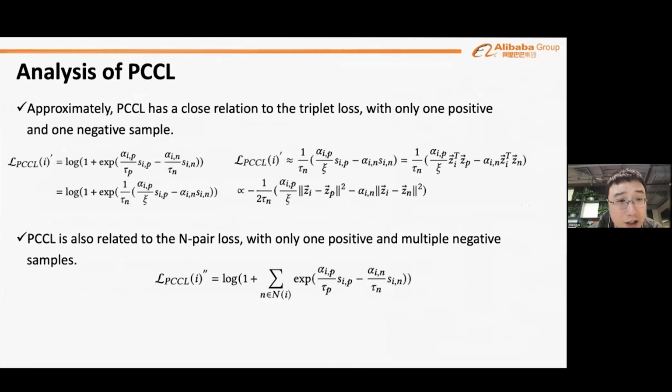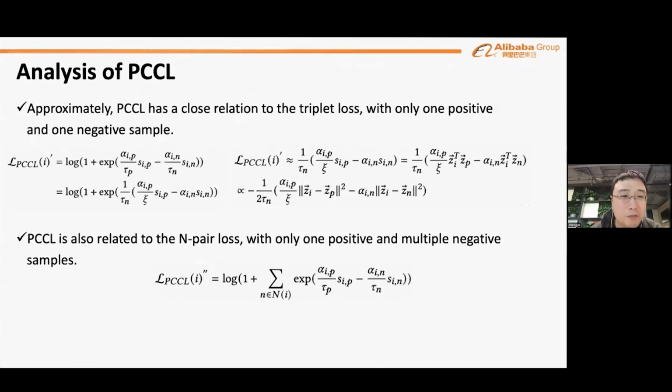After defining the PCCL, we have a mathematical proof that PCCL has a very close relation to the triplet loss, with only one positive and negative example. In the talk, we'll omit these mathematical details. The PCCL loss is also related to the unpaired loss with one positive and multiple negative examples.